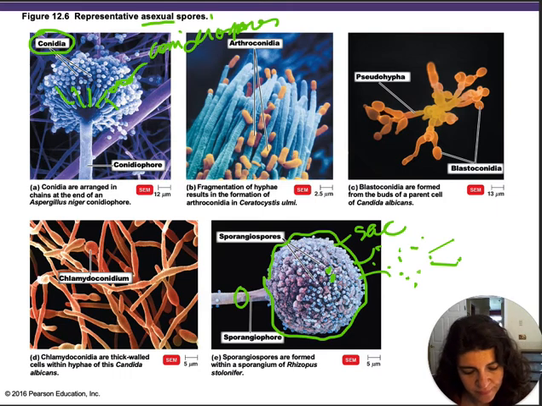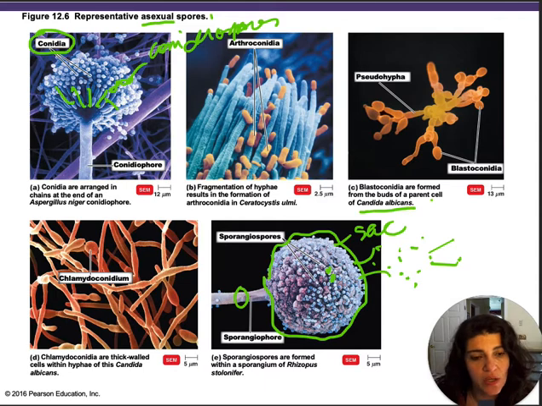Okay? So we talked about sporangiospore, we talked about conidiospores, and I don't really need you to know the other ones. But for example, you see how Candida, the yeast that we know causes yeast infection in humans, vaginal infection, and thrush, which is a mouth infection common in babies, can form blastoconidia and chlamydoconidia.